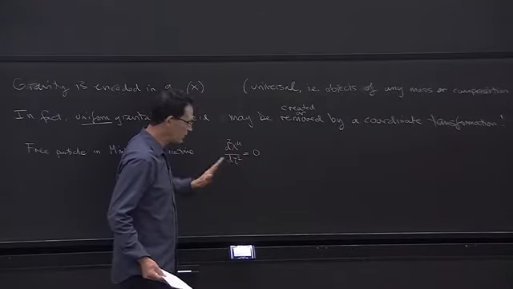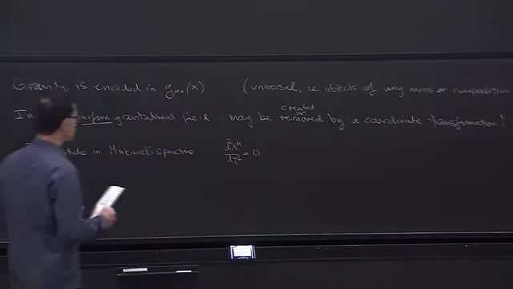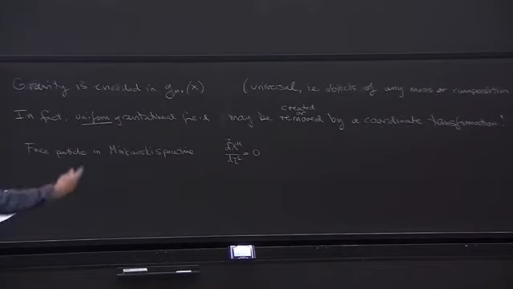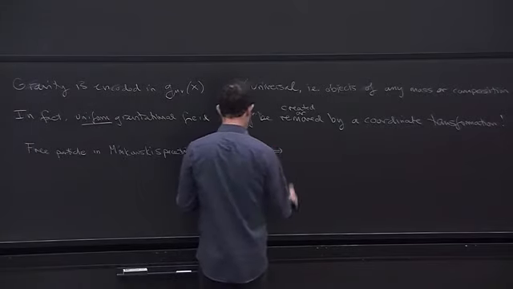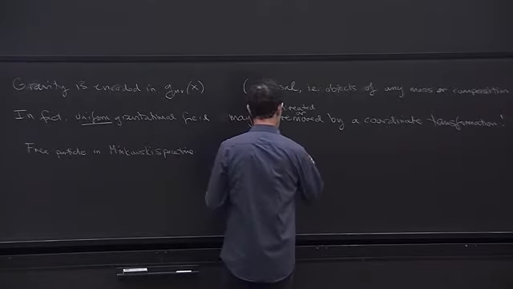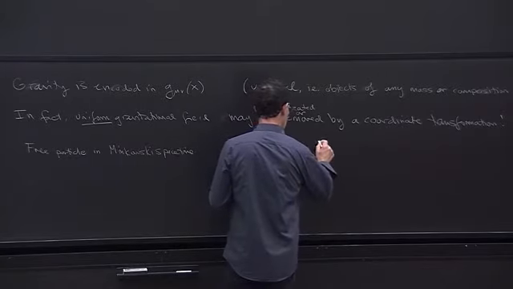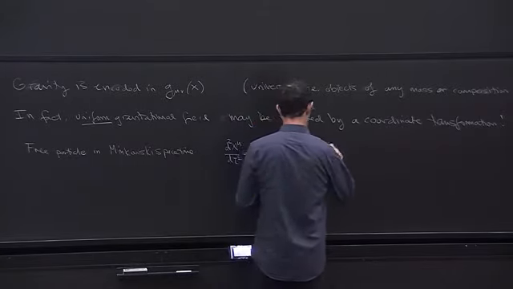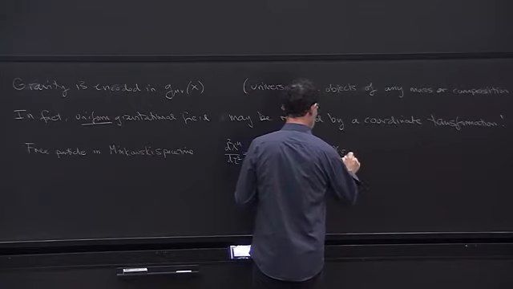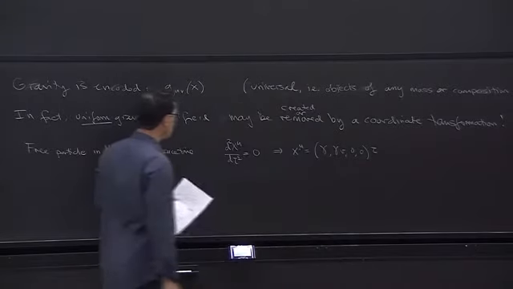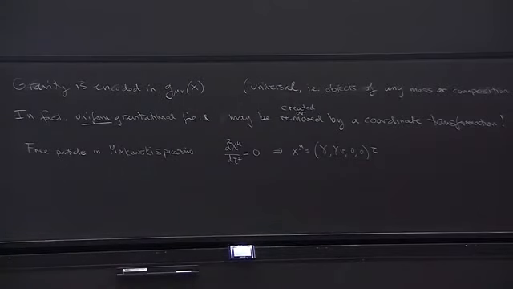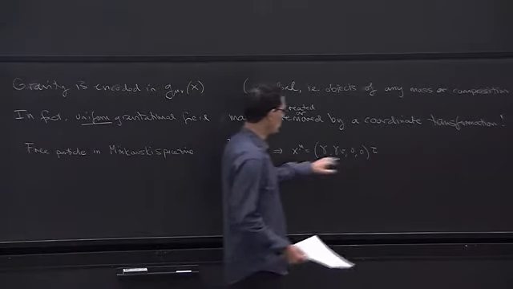The d2x by dτ squared is the acceleration of the line. But because the acceleration is 0, the general solution of this is x^μ = γ(v, 0, 0)τ, just linear in τ.